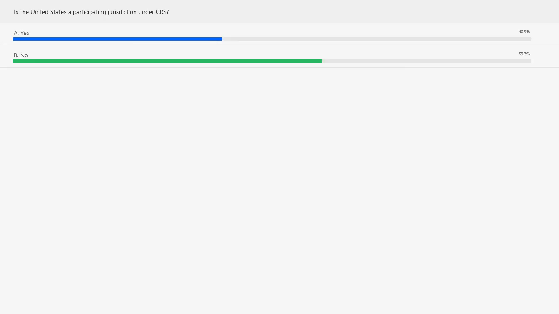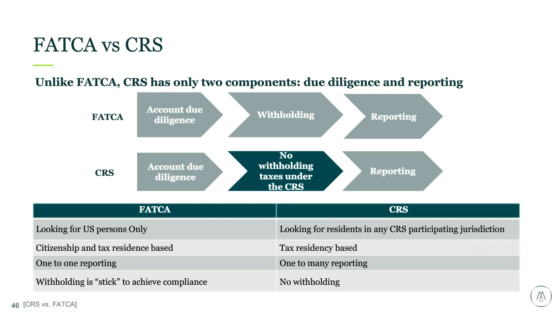All right, so the United States is not a participating jurisdiction under CRS. They consider FATCA their equivalent of CRS. Just quickly going back to highlight CRS versus FATCA, the biggest difference is that FATCA is looking for those U.S. persons, those U.S. account holders.